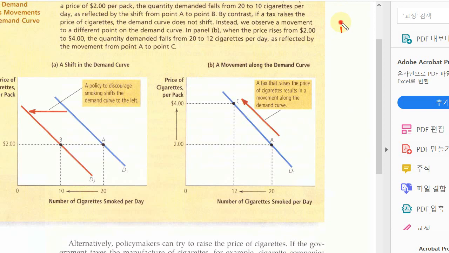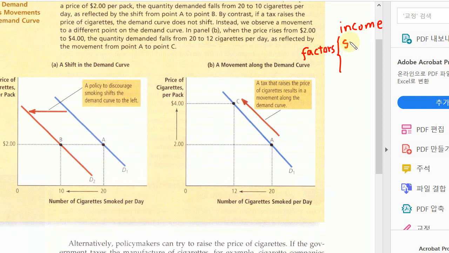Income, I told you just now, and then, you might see the substitute.